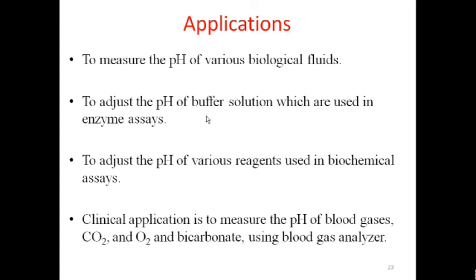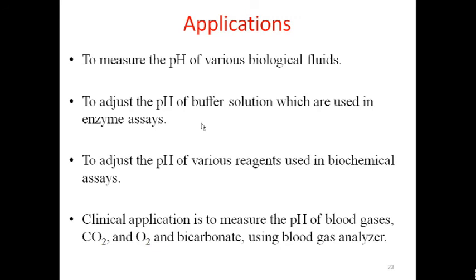Now the clinical applications of the pH meter. First, it is used to measure the pH of various biological fluids. Second, it is used to adjust the pH of buffer solutions used in enzyme assay processes.